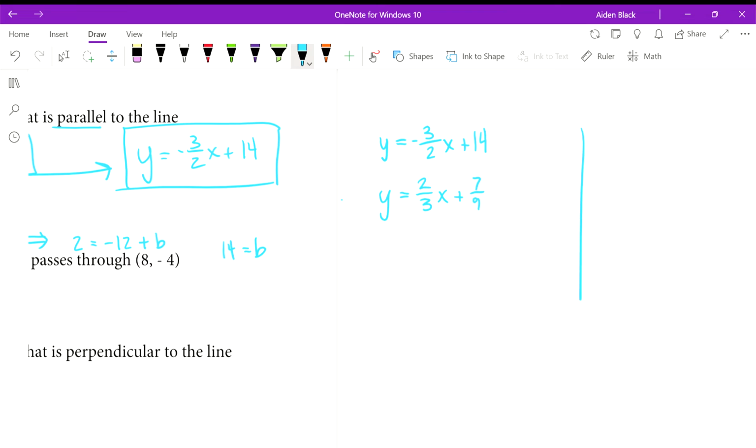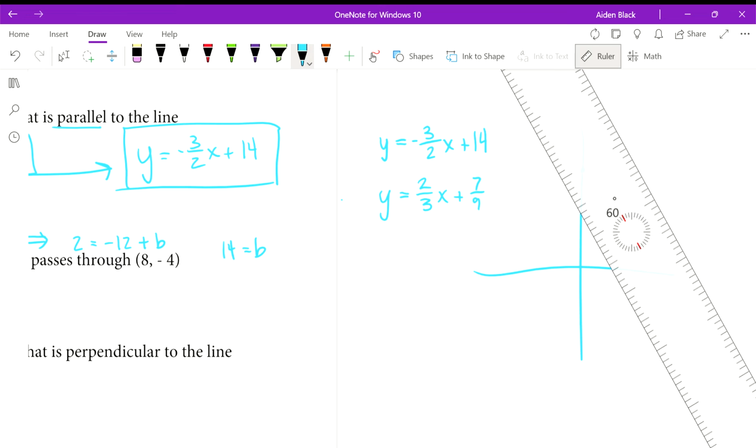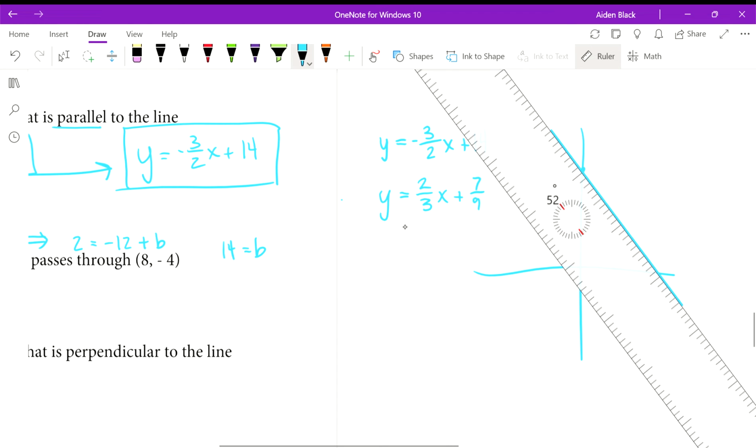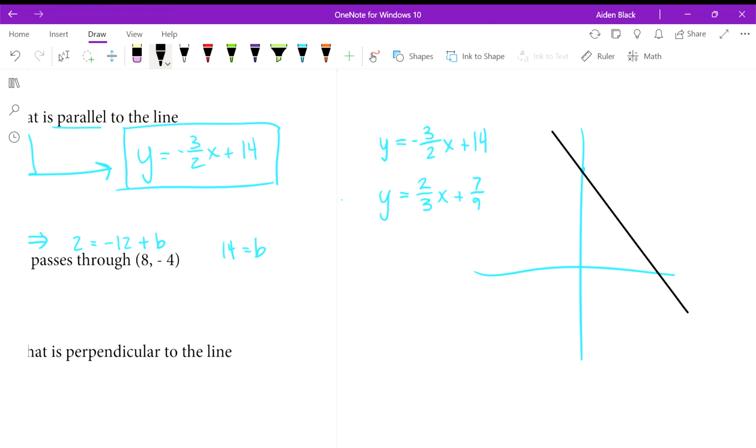Either way, if I plot these out, positive 14, down 3 over 2, get something like this. And then for this line, I'd have 7/9, which is less than 1, and we go up 2 over 3.